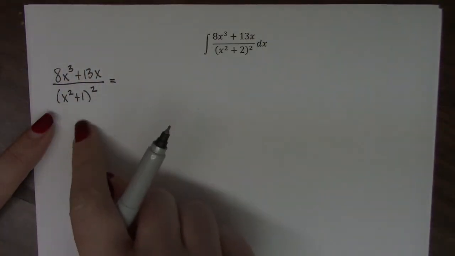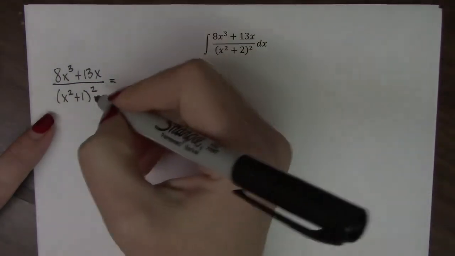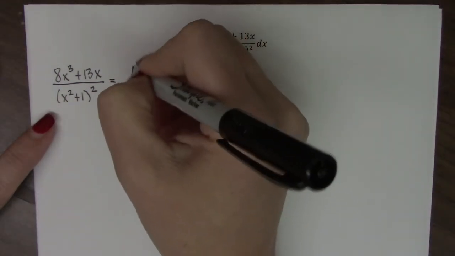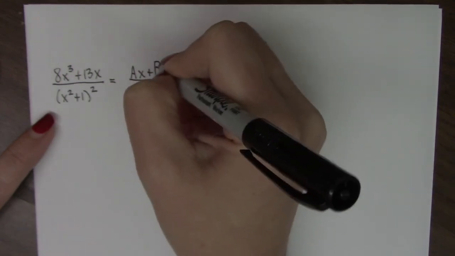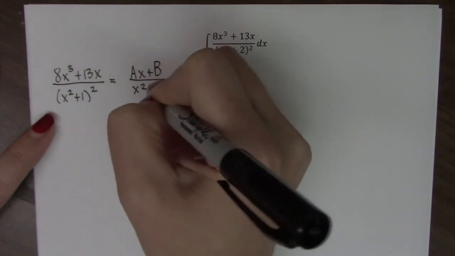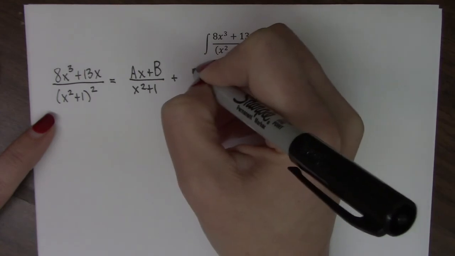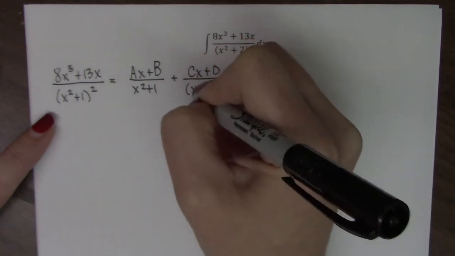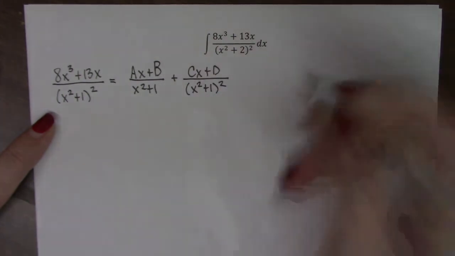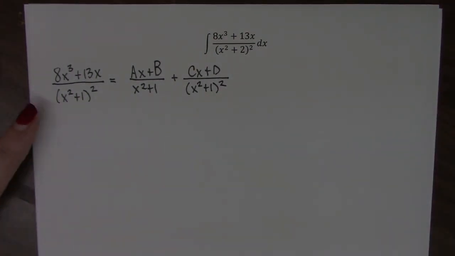So I have to have 2 fractions devoted to this, but they're quadratics, so I have to put a line. Oops, this should be ax plus b over x squared plus 1, and then I deal with the repeated factor, (x squared plus 1) squared.